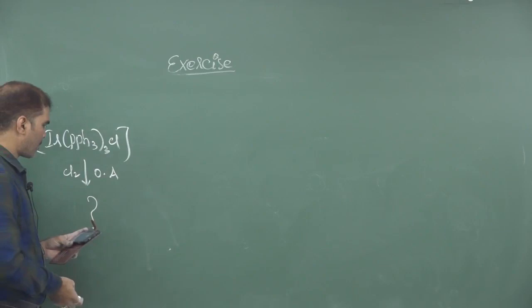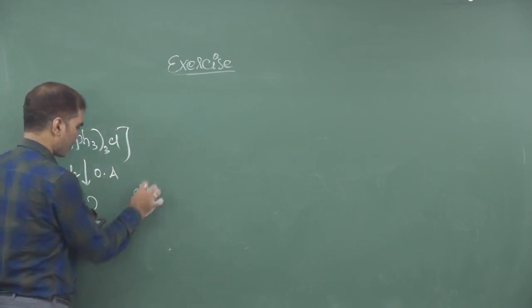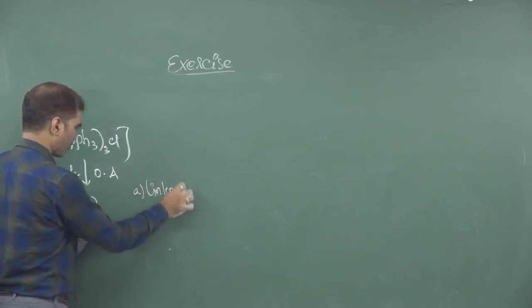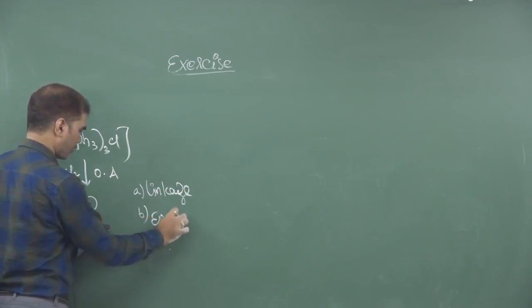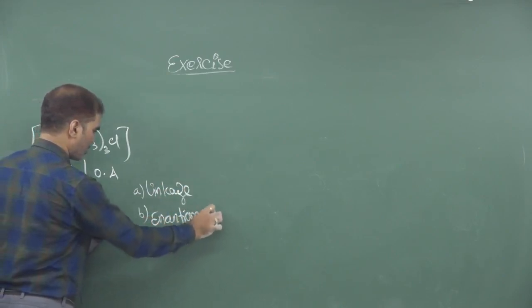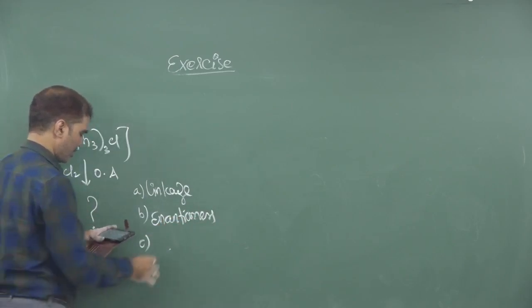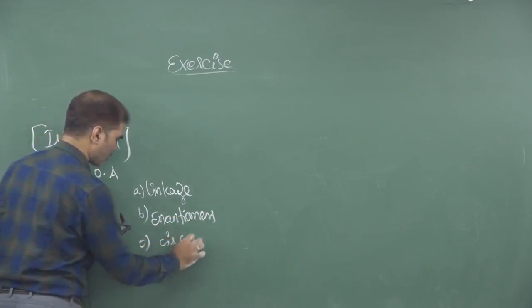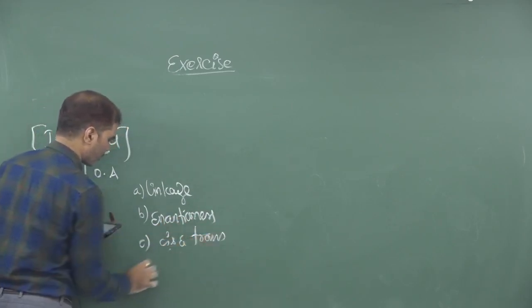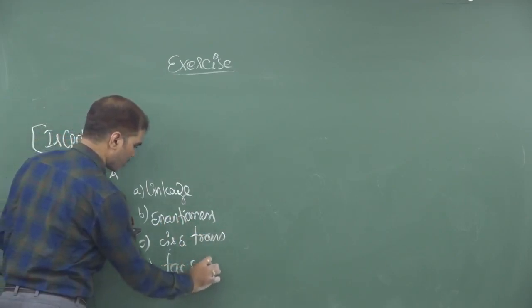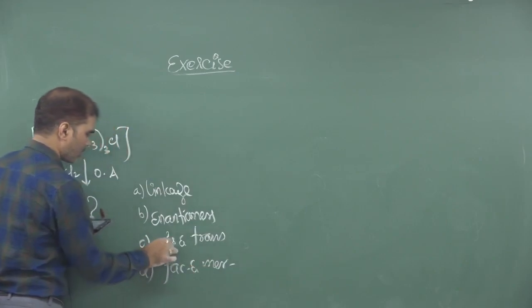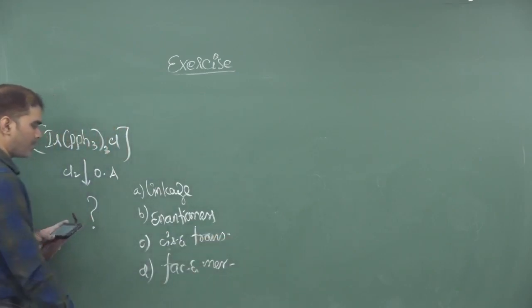These are linkage isomers, enantiomers, cis and trans isomers, or FAC and MER isomers.